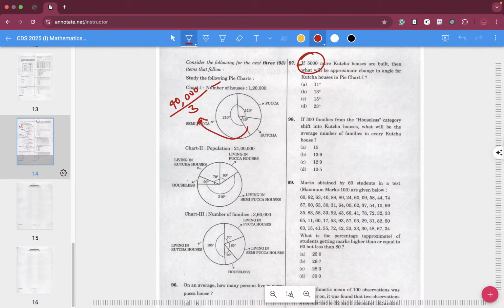So you will add over here 5,000, isn't it? Or can I say 15,000 by 3? Is that what you are adding? If you write 5,000 or 15,000 by 3, both mean the same. So basically now the total number of kacha houses will be how much? 55,000 by 3.